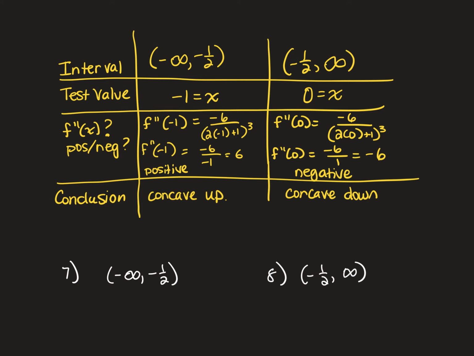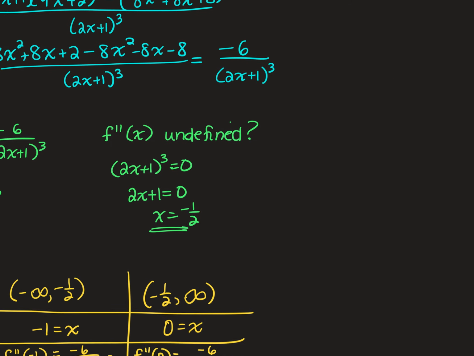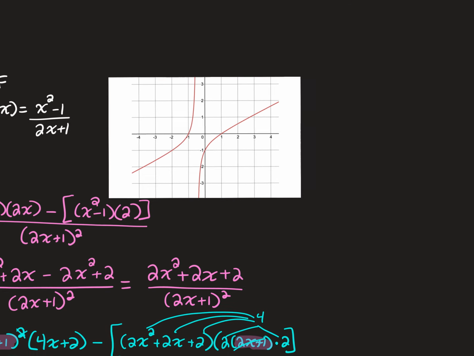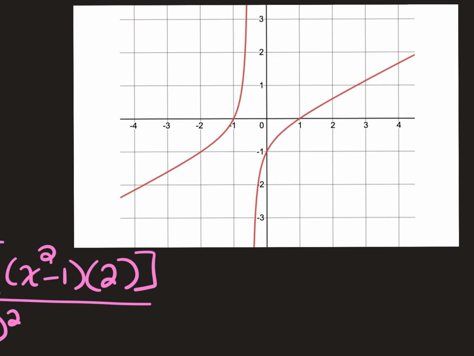You can see that these are reflected in the graph. If I go back up here and look at the graph, -1/2 would be right here, and that's where we switch from being concave up to concave down.